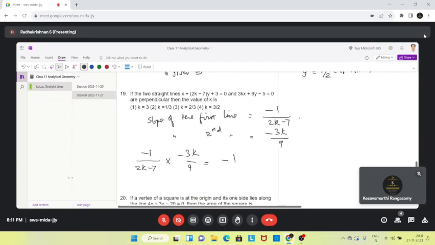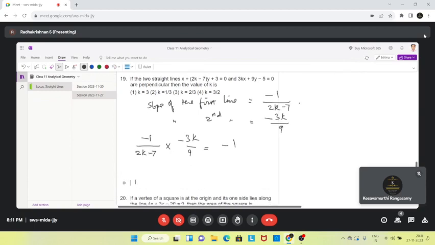That means, let us do one round of simplification here. 3k divided by 9 into (2k minus 7) equal to -1. That means it gives me 3k equal to -9 into (2k minus 7).